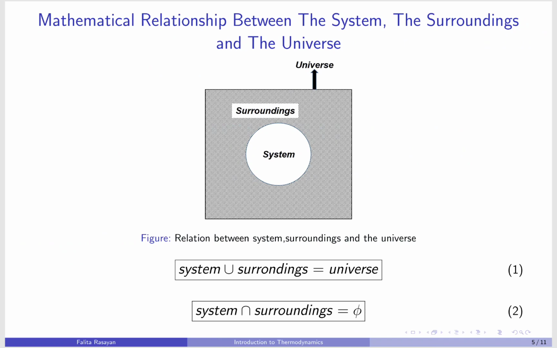So system and surroundings have nothing in common. These are the mathematical representations of the relationship between system, surroundings and the universe. The physical relationship has been discussed earlier.